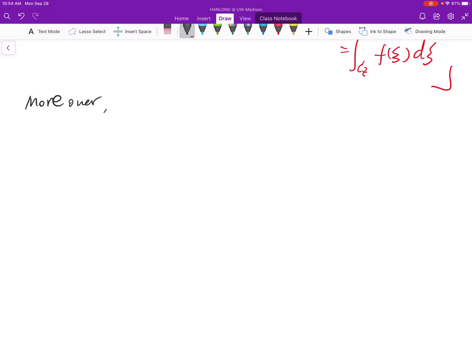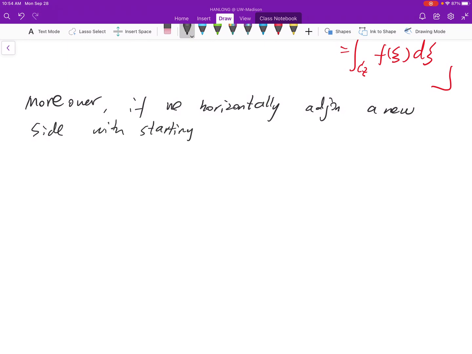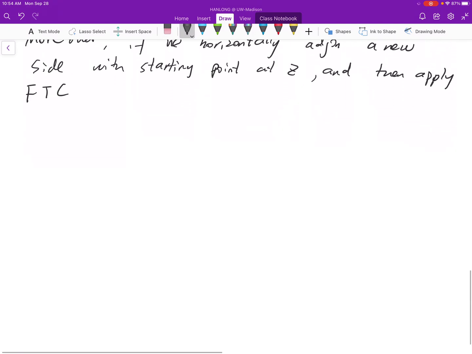Moreover, if we horizontally adjoin a new side with starting point at z, and then apply the fundamental theorem of calculus.